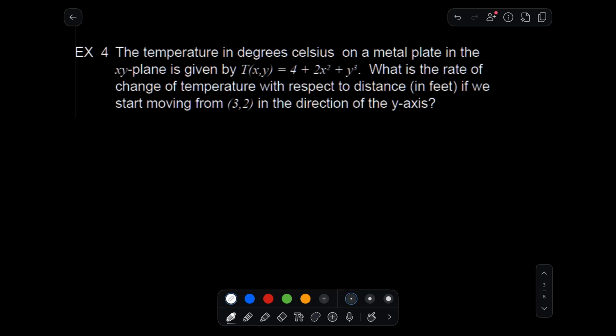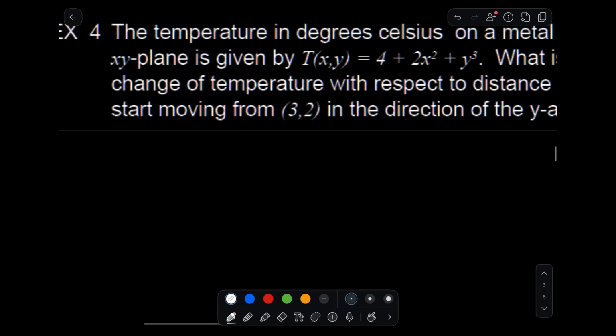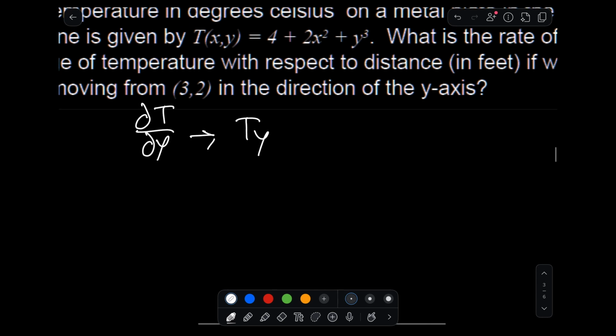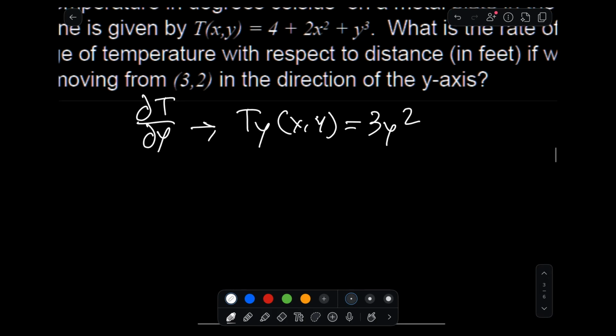I'm going to go with taking the partial derivative with respect to y, so we can do del T del y or T sub y. Either way, it would work. I'll just do T sub y. Doesn't really matter, but we can get 3y squared as our partial with respect to y.